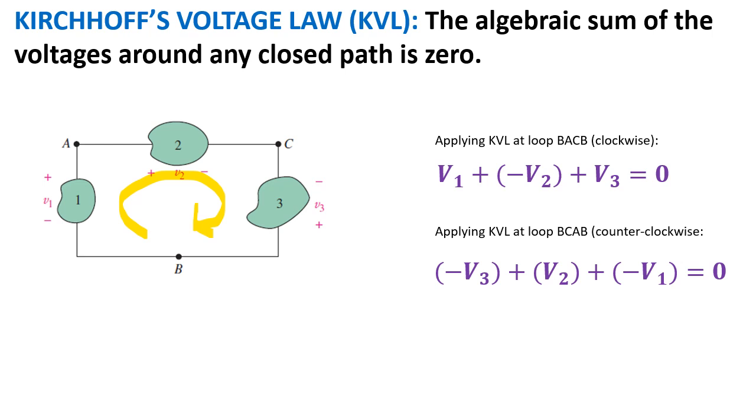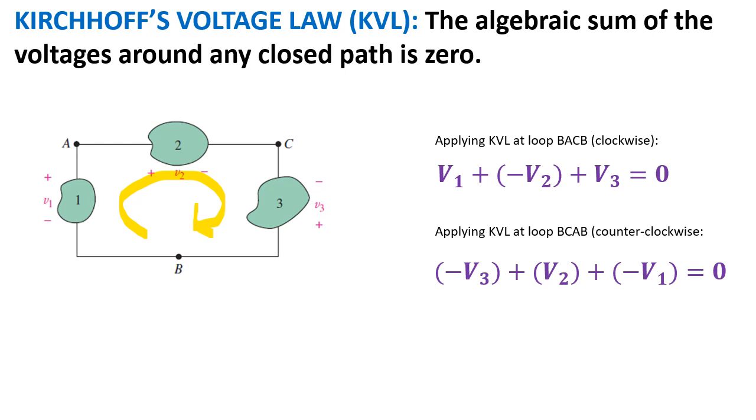And finally, between nodes A and B, we have V1 or element 1, in which case our loop enters plus and exits minus within this element. So that is why a negative V1. Now, if we look at these two equations, for the clockwise and counterclockwise loops, you can see they are actually equivalent. One is just the negative of the other.